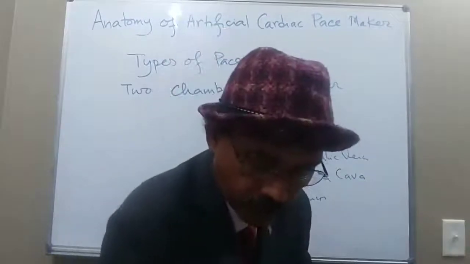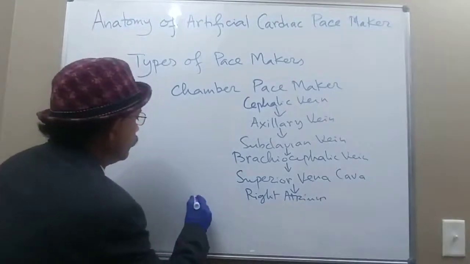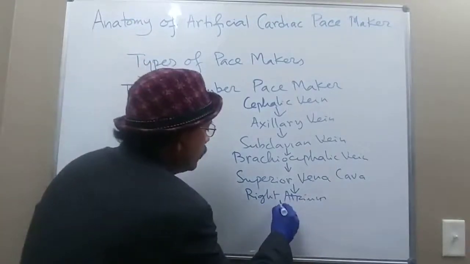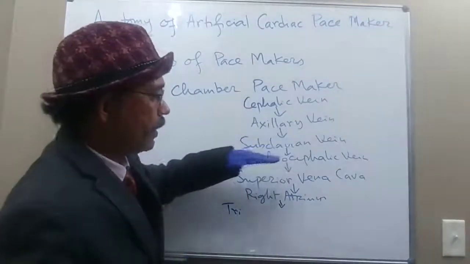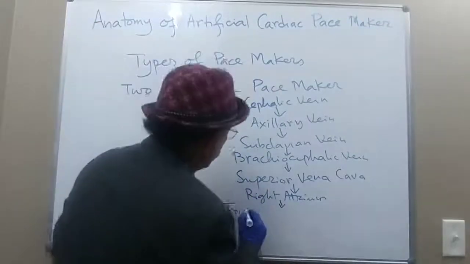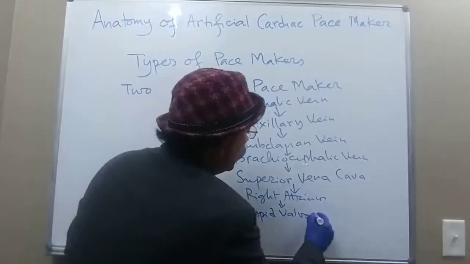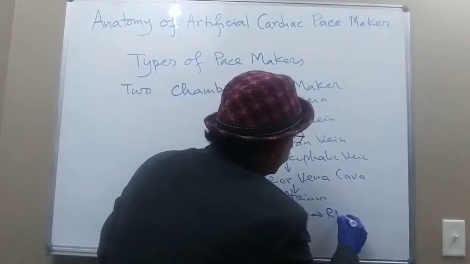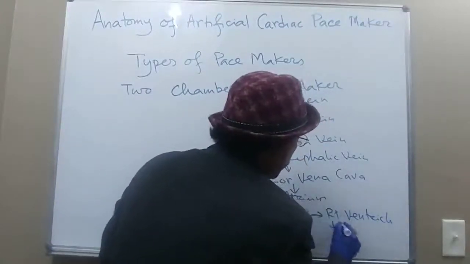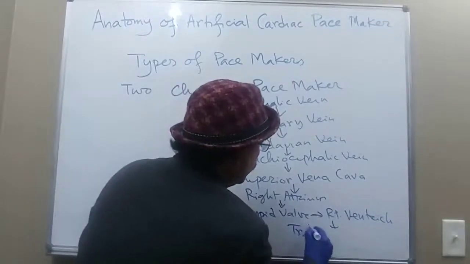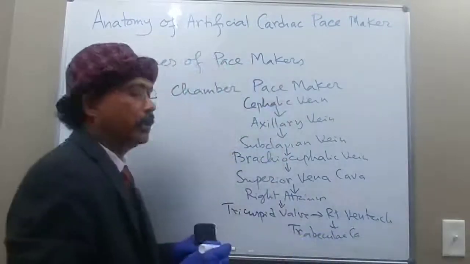So that is the way for the two chambers. From the right atrium, we go to the tricuspid valve. One lead will be in the right atrium, another lead will go through the tricuspid valve to the right ventricle, then it is fixed to the trabeculae carneae, the irregular muscle in the wall of the right ventricle.